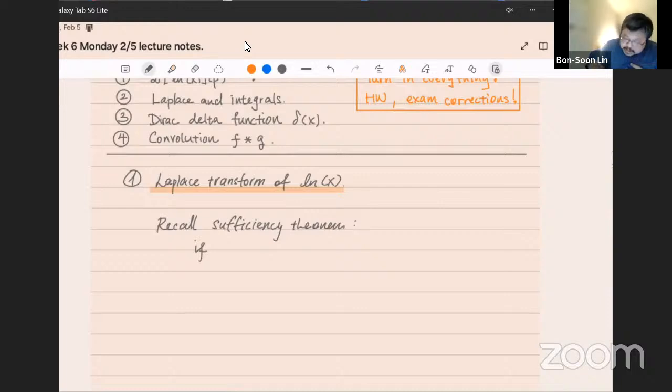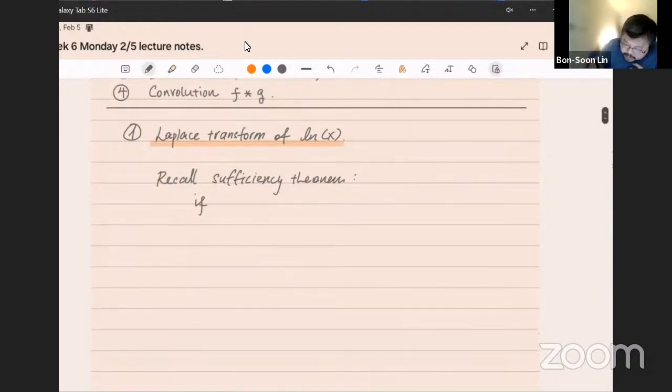If three things are satisfied, then this function would have a Laplace transform. So what are these three things? One, the first condition: f of x is O of e to the kx, so this is just saying that f is of exponential order.